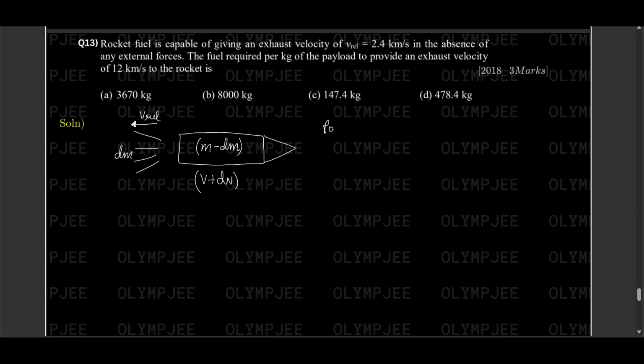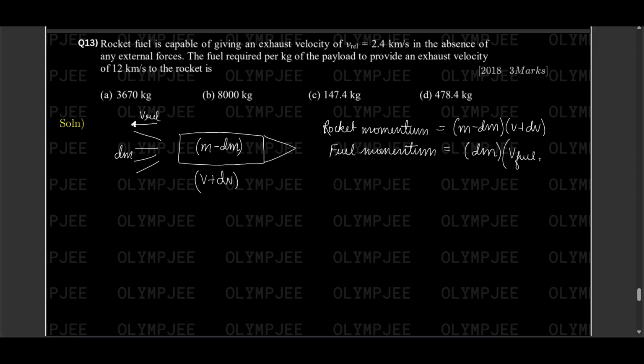So what is the rocket momentum? Rocket momentum can be written as (m minus dm) multiplied by (v plus dv). And what will be the fuel momentum? It will be dm multiplied by the velocity of the fuel relative to the ground, in the ground frame, right?